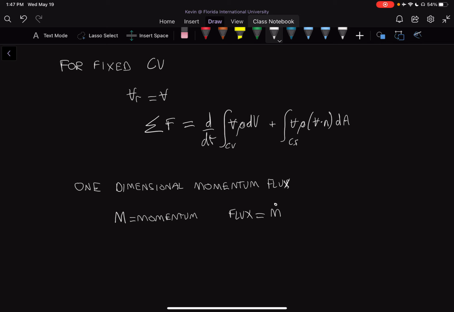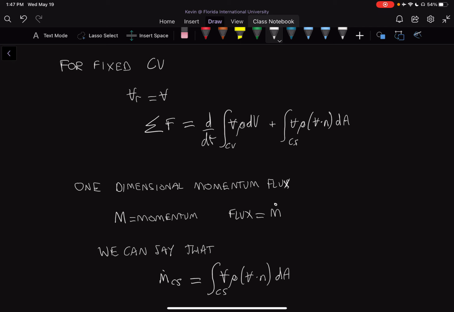So we can say that M dot of the control surface is actually equal to the integral over CS of V rho times velocity dot n dA.